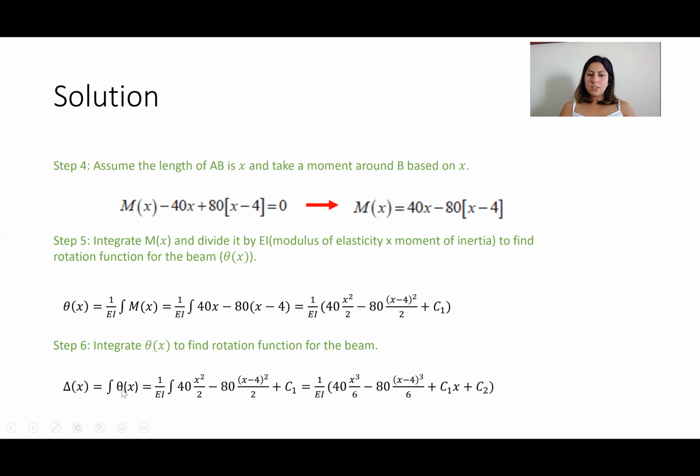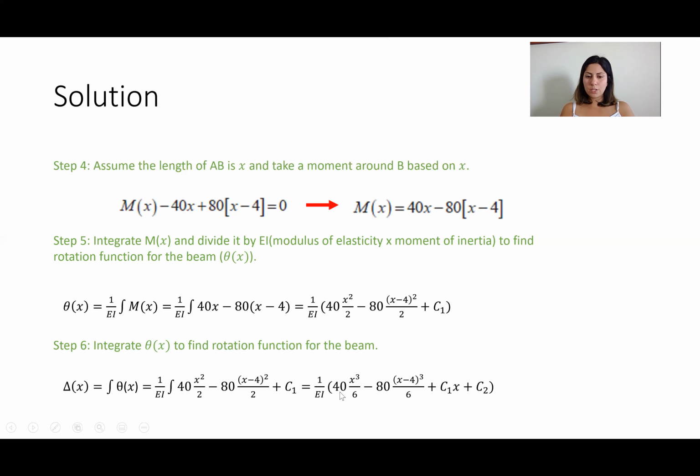For deflection, what we need to do is to integrate this term, which is our rotation, once more. So that would be 1 divided by EI, and integrate this term.